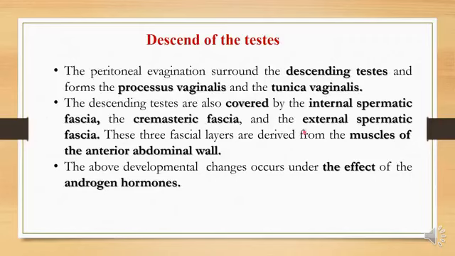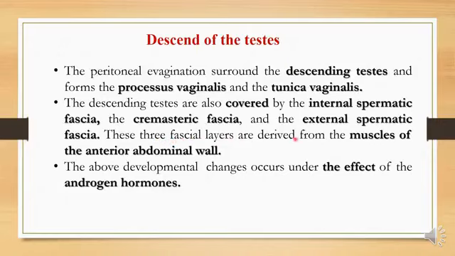The peritoneal evagination surrounds the descending testes and forms the processus vaginalis and tunica vaginalis. The descending testes are also covered by the internal spermatic fascia, the cremasteric fascia, and the external spermatic fascia.